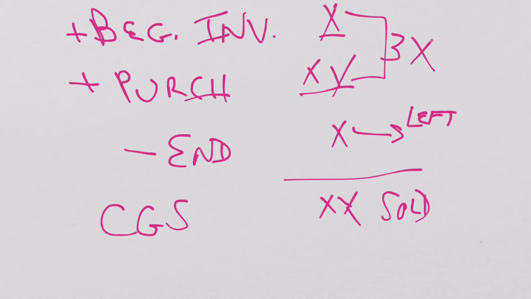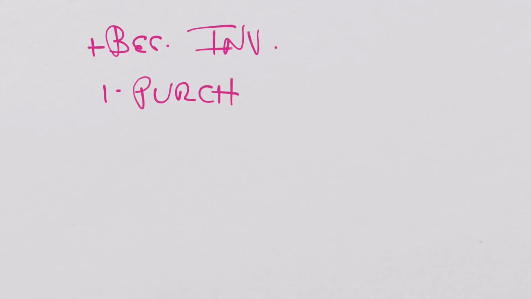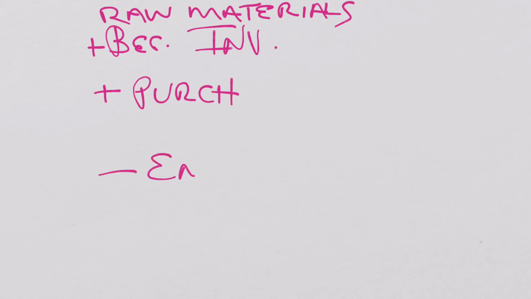The other way of looking at the formula is the following. We've got beginning inventory. It's the same equation, same idea. We add so much, but now we're looking at raw materials. We start with so many raw materials, we purchase more raw materials, so now we have a certain total, and we leave a certain amount of raw materials over on our balance sheet.